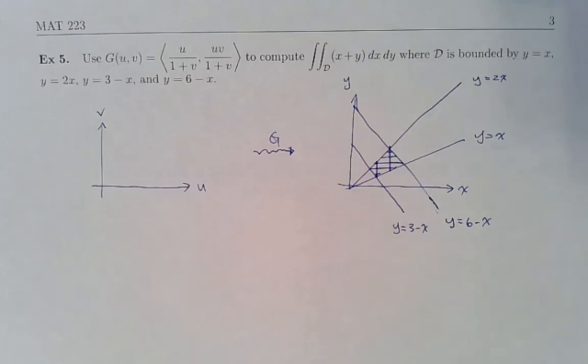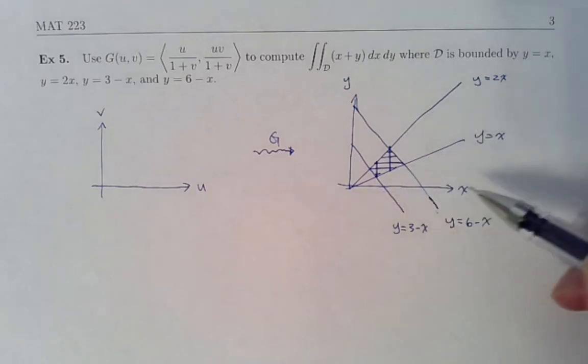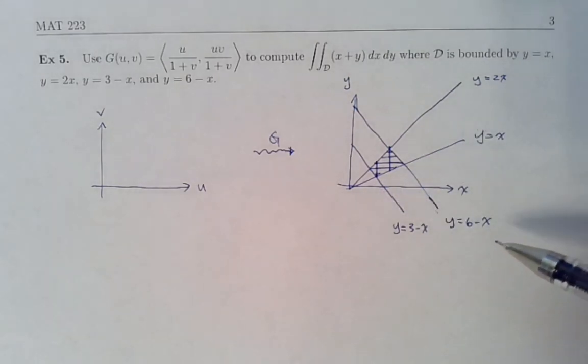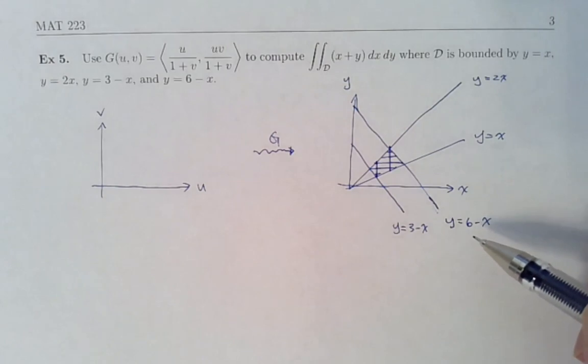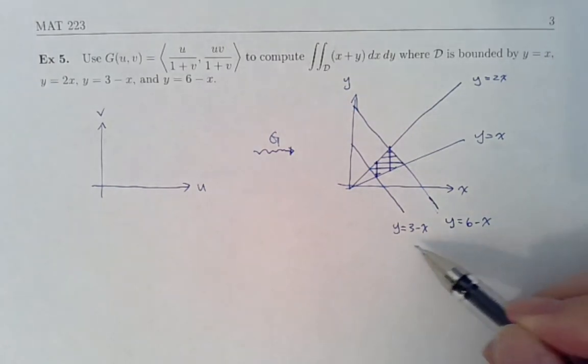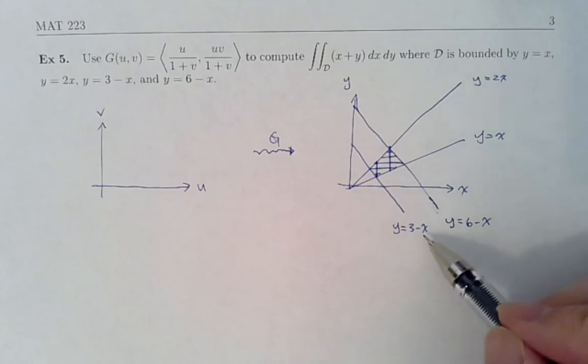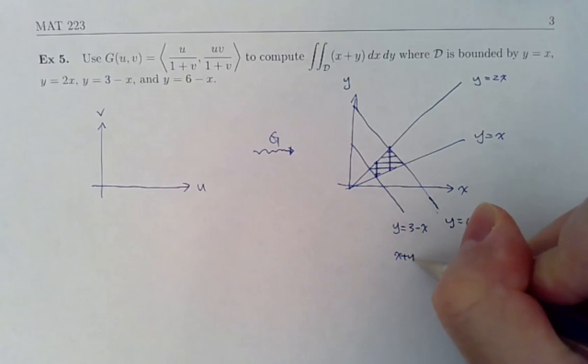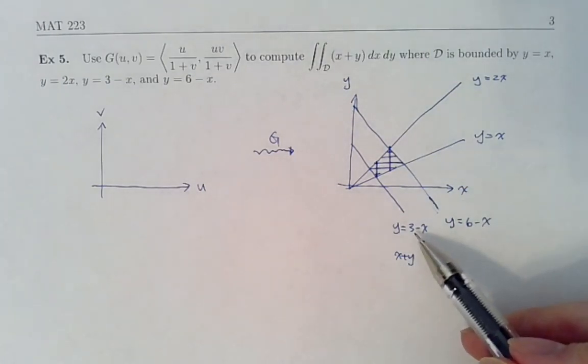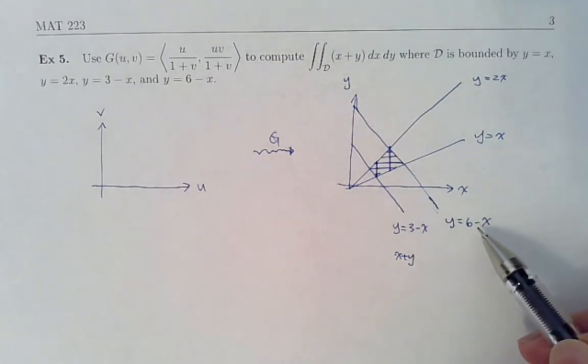But perhaps we can simplify this. So let's look at this region. How could we describe this region? Over here, I can see that this is x plus y equals 3. And this is x plus y equals 6.